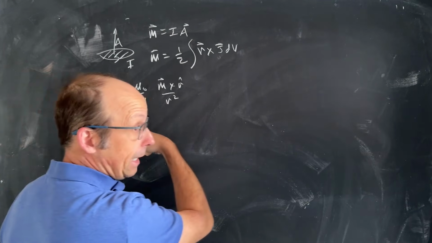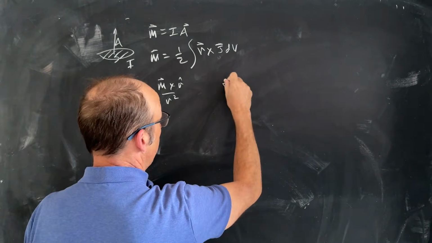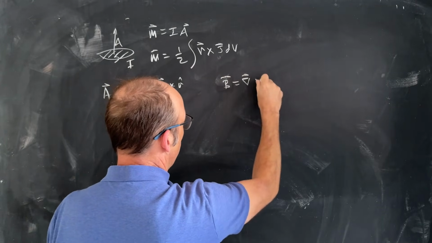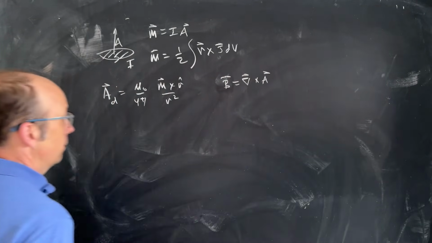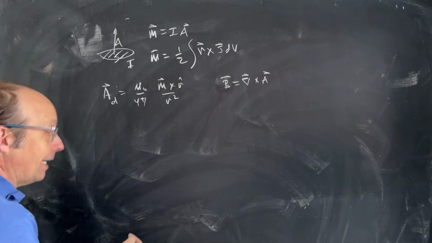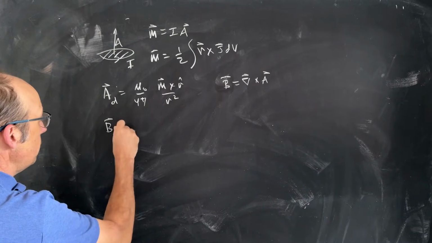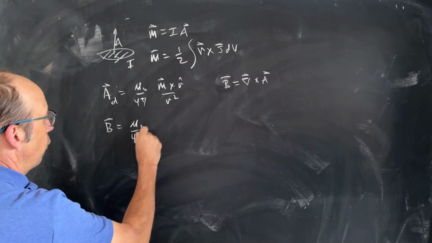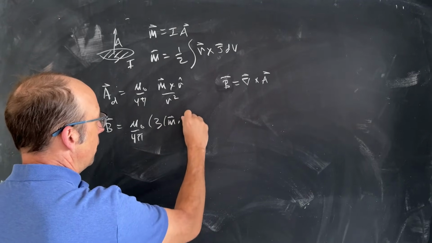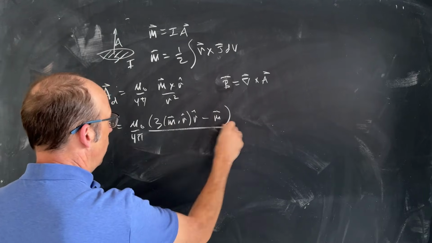Now, if I know the magnetic vector potential, I can find B. It's the curl of A. So with that, I get the magnetic field due to a dipole, mu naught over 4 pi, times 3 m dot r hat r hat minus m, over r cubed.